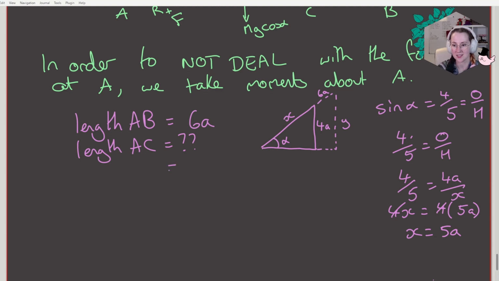So this distance here, length AC, is 5a, which is nice and neat. We love that. We don't even need to worry about Y. We don't need to care about how high the end of the rod is, again, over the vertical.